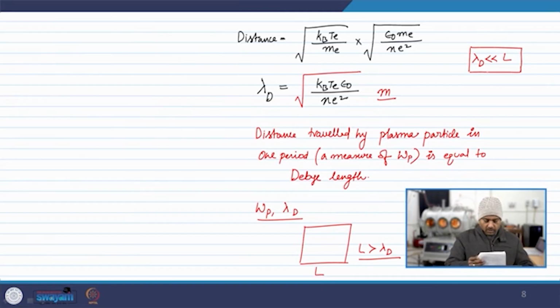And we also discussed one plasma criteria in terms of plasma frequency, omega p tau c should be much greater than 1. This is plasma criteria 1.